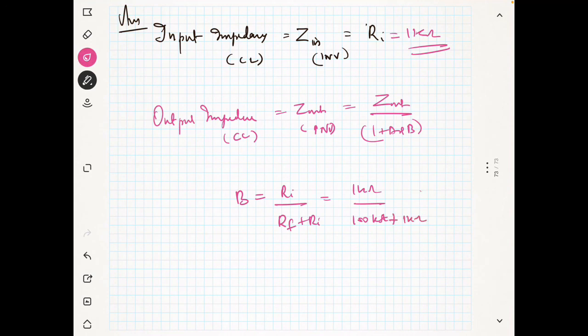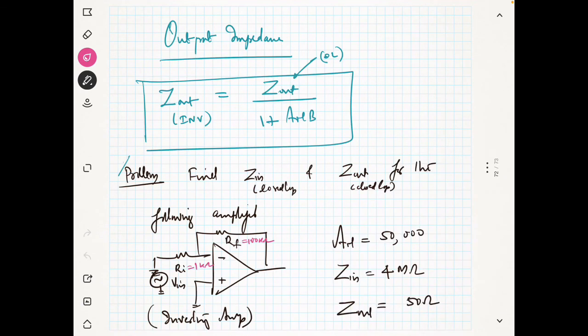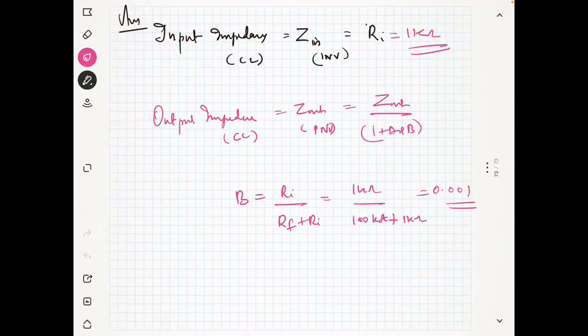This is approximately 0.01. Let me check, Ri is 1 by 100, that's fine. So 1 by 101 actually.